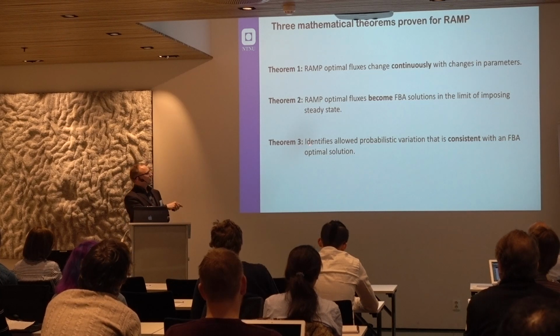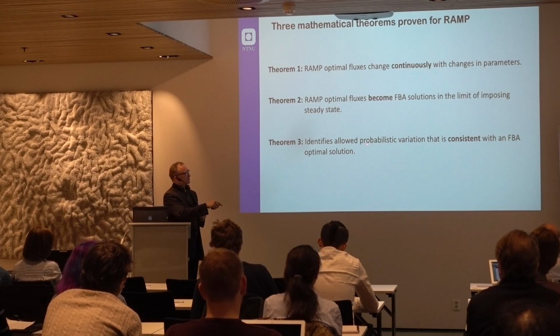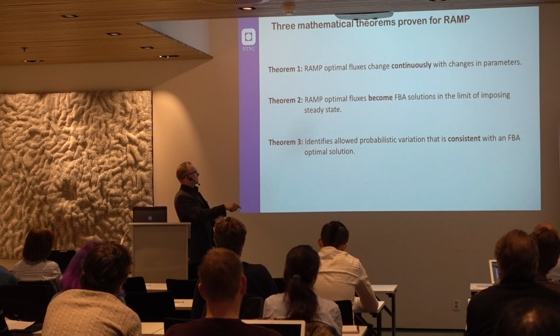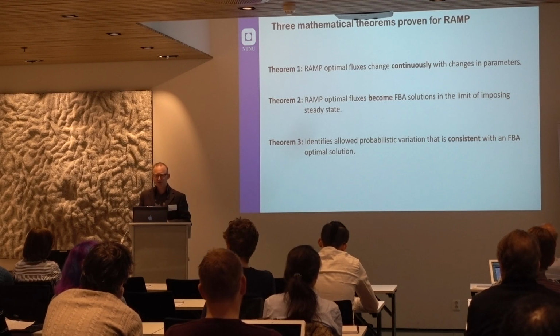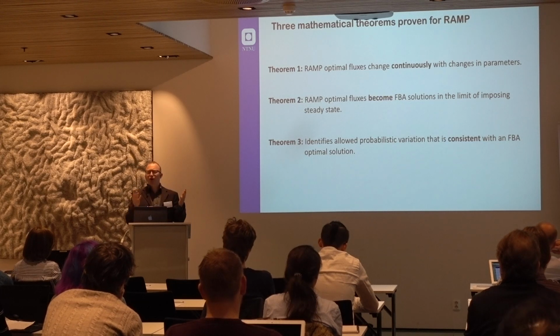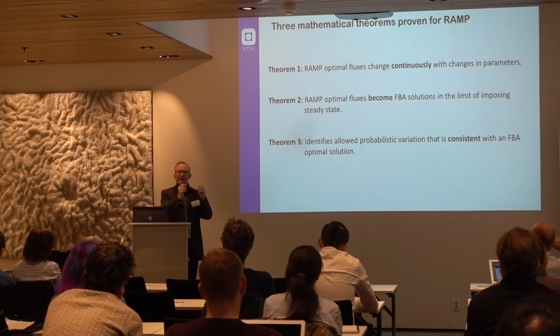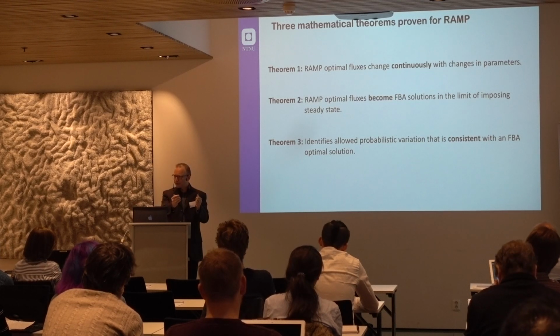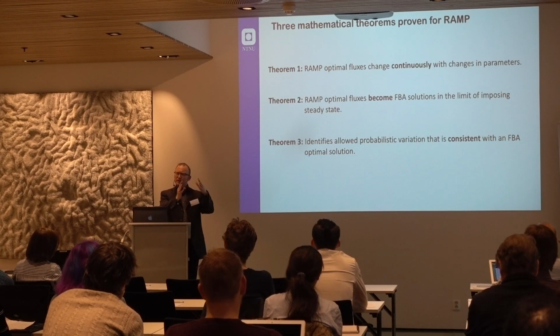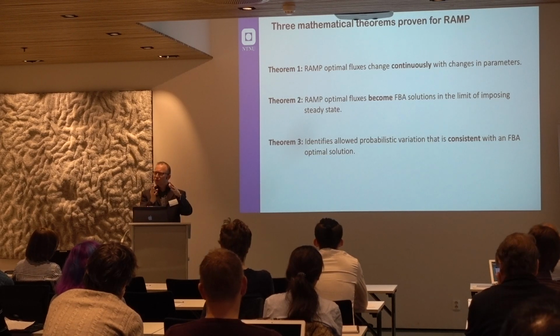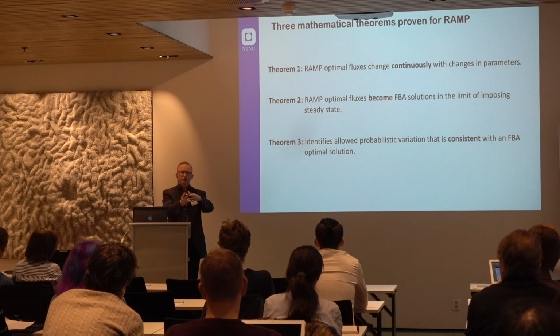And 3. Allowed probabilistic variation in RAMP is possible to use to find what is consistent with an FBA optimal solution. That means you solve the FBA problem, and then you can ask the question, I have a solution to the optimization problem. What type of variation in the stoichiometric matrix will still give this as a solution?